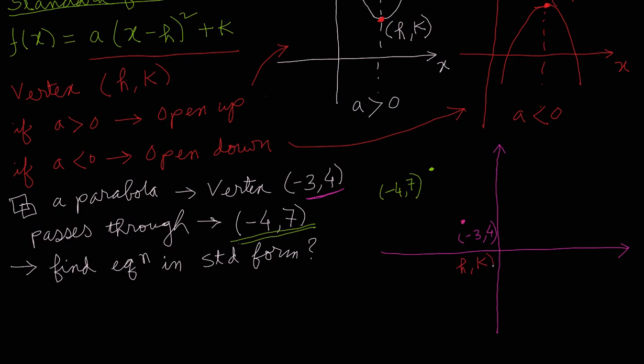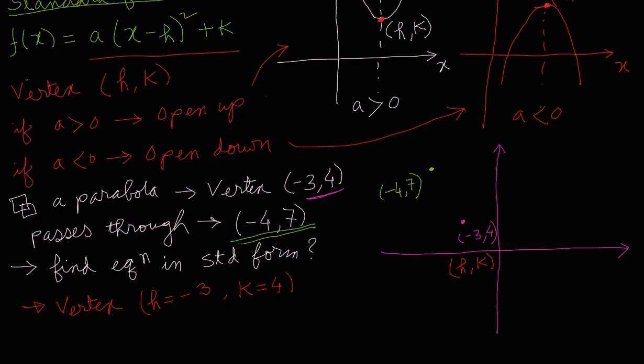In this case, h is −3 and k is 4. So what I already know is that for my vertex, h equals −3 and k equals 4.